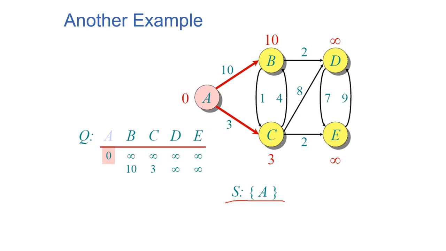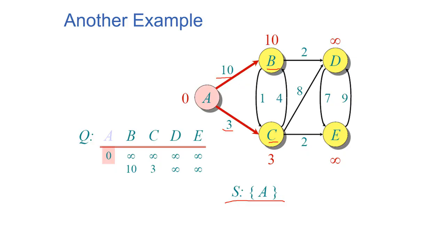Two nodes become reachable because we have two outgoing edges from A. We can reach B and C, and the distance changes from infinite to the edge weight: from A to B it takes 10 units, from A to C it takes 3 units.